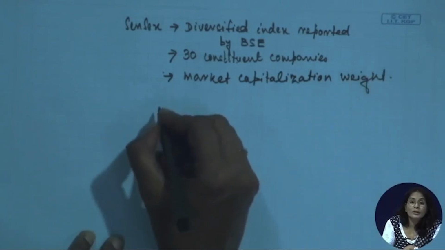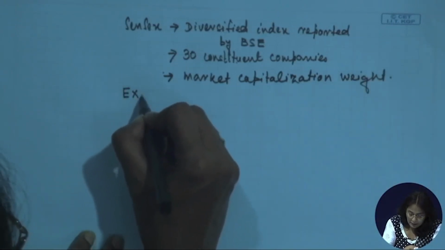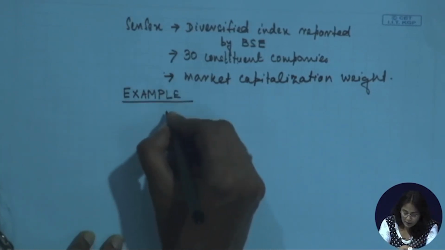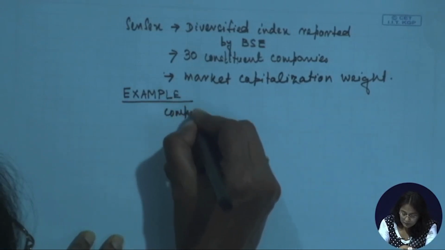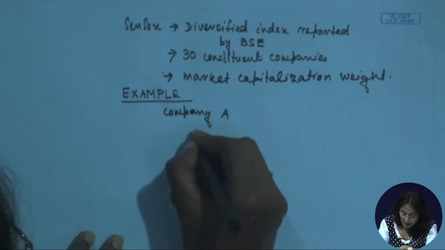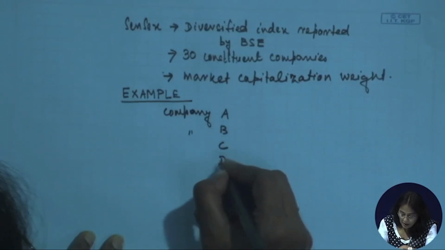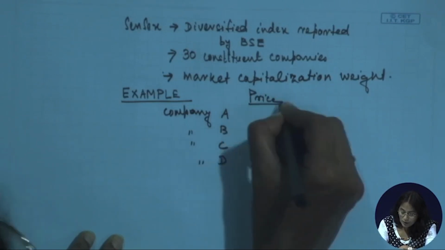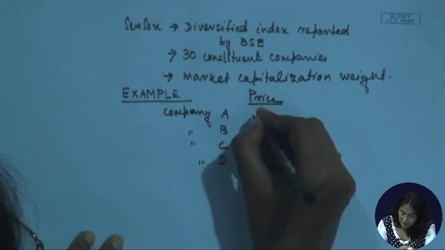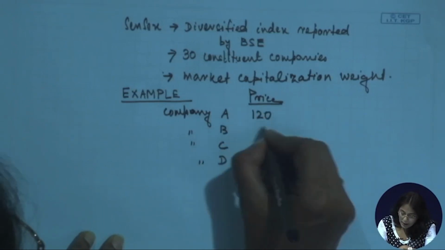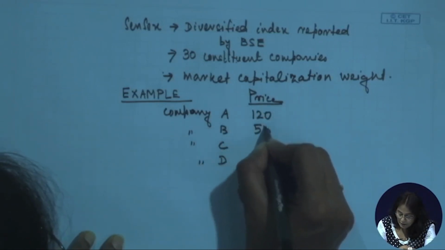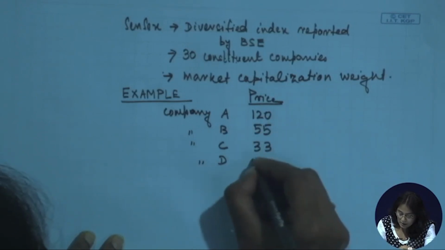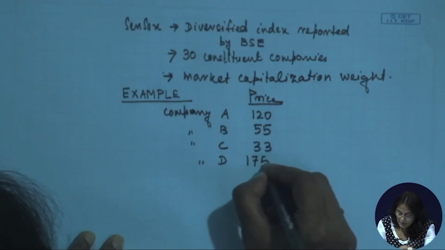Let's take a numerical example. So let's say instead of 30 companies, the index has 4 companies: company A, company B, company C, company D. Let's say the price of company A is 120, company B is 55, company C is 33, company D is 1750.